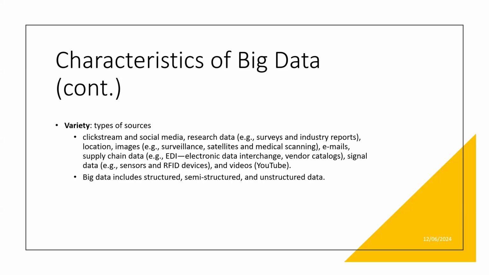The other one is that these come in different forms. In relational databases, we talk about structured data, where you have a set of columns and rows. But if you look at things like HTML, we can say they are semi-structured. And if you look at places like a blog post or a Facebook post, that is unstructured. So you have a variety of sources and a variety of formats.